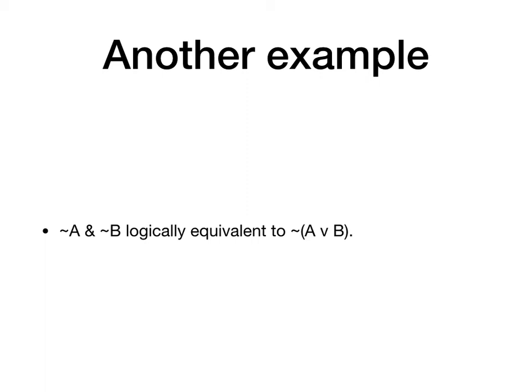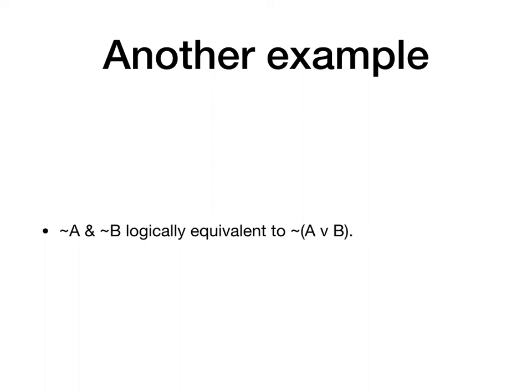So why is this? Remember, think of it this way, right? We have this not symbol, it sort of flips the value, so not A is only true when A is false, not B is only true when B is false, and the and is only true when both of these come out to be true. So it has to be the case that both A and B are false for not A and not B to be true.